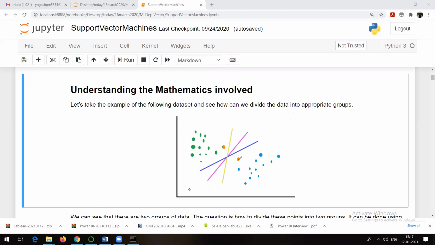Why these points only? Because these are the points nearest to these lines compared to the other points. So from all these lines, you need to find the line whose distance from this point and this point is as maximum as possible. This distance d should be as maximum as possible.